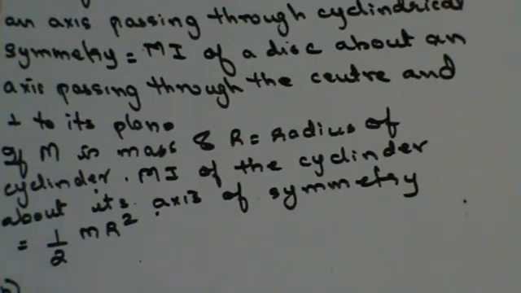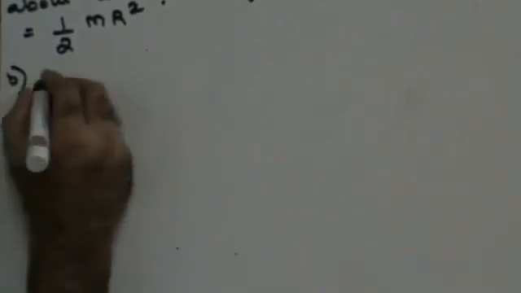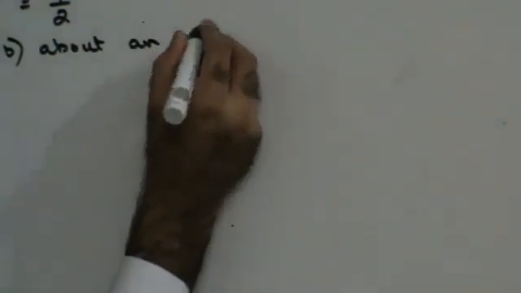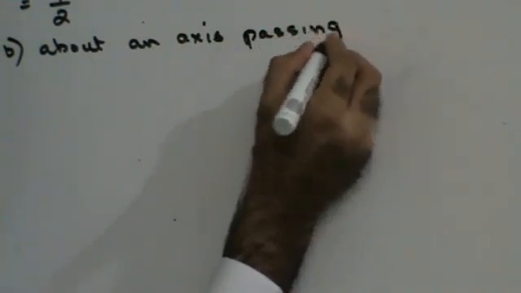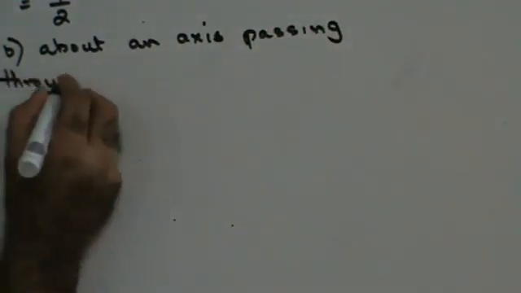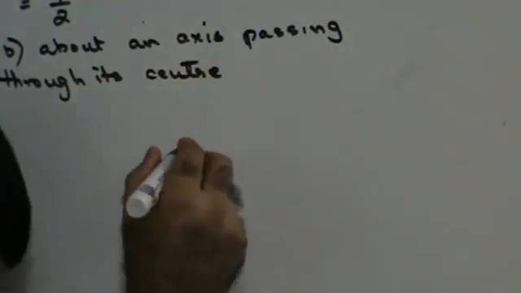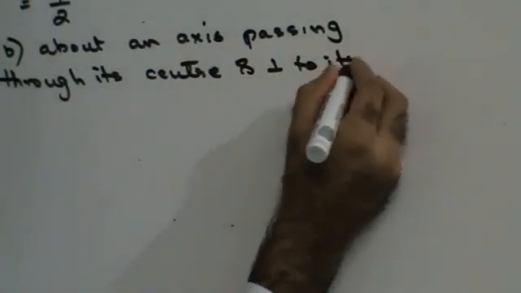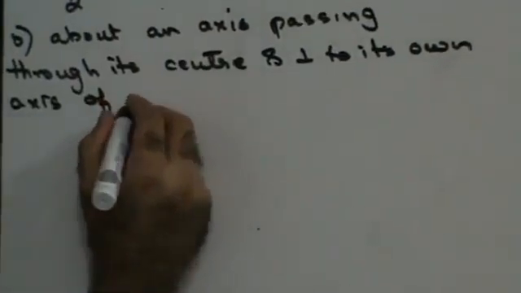Now let's find out the moment of inertia about an axis passing through its center and perpendicular to its own axis of cylindrical symmetry.